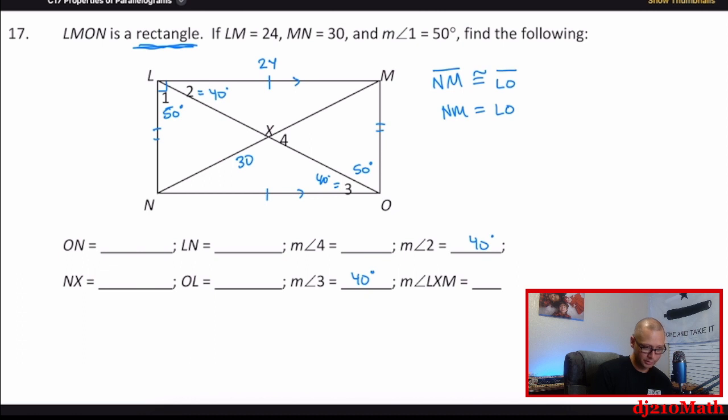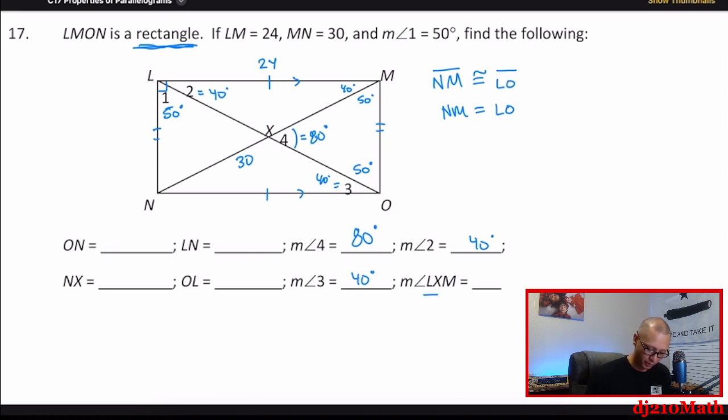Because of the symmetry of this thing, this is going to be 50. And this is going to be 40. So here there is a triangle. So 50 and 50 is 100, so 4 has to be 80. So I think that takes care of all.